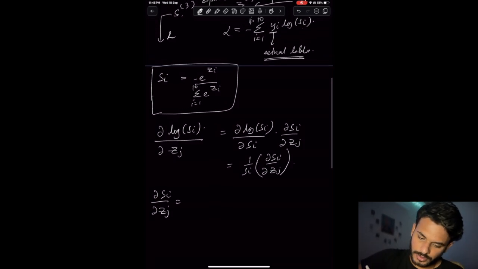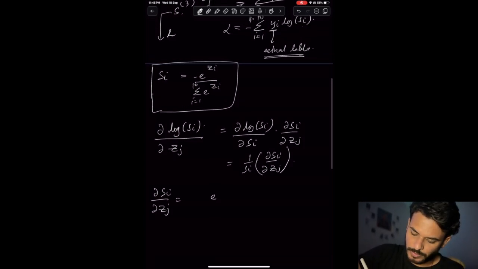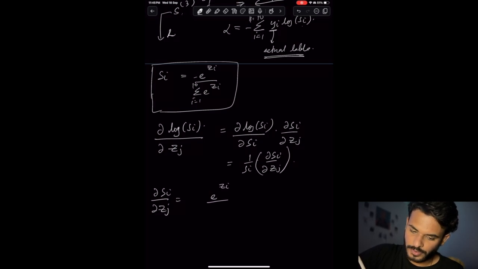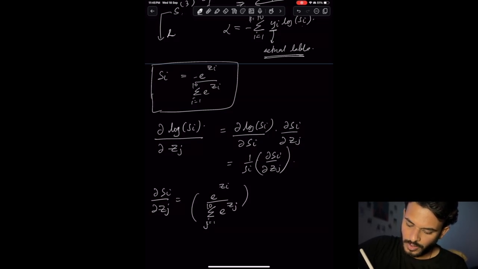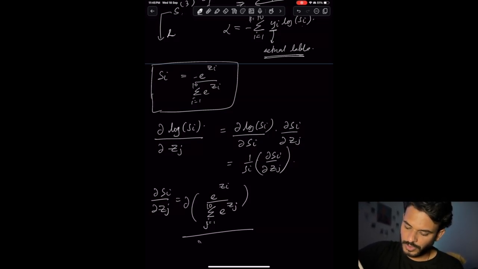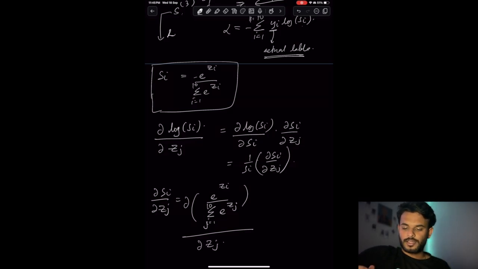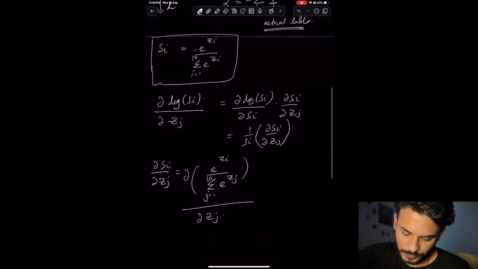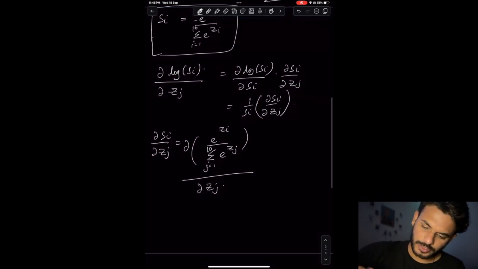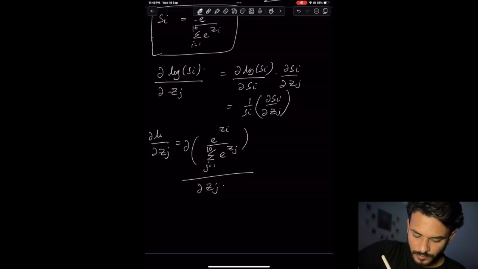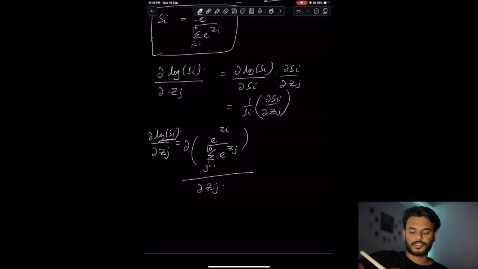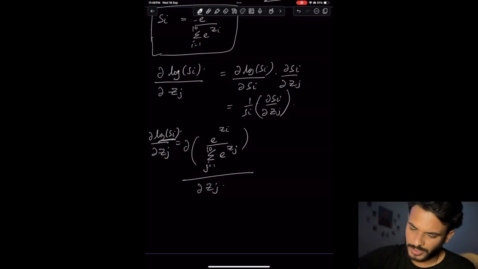Now si, if I write it, is basically e raised power zi divided by summation i equals 1 till 10 e raised power zj, and we have to calculate its derivative with respect to zj. Now rather than using si, let's use log of si. We have to calculate the differentiation of this with respect to this. Log will make this a bit simpler and nicer.